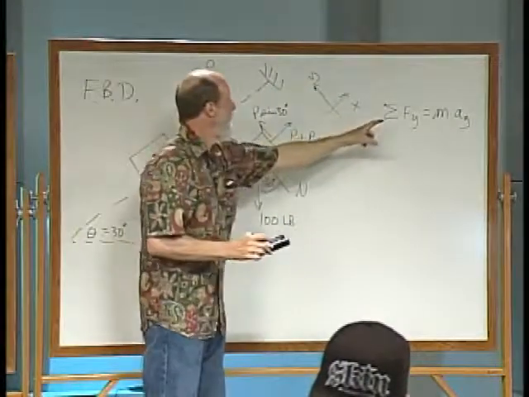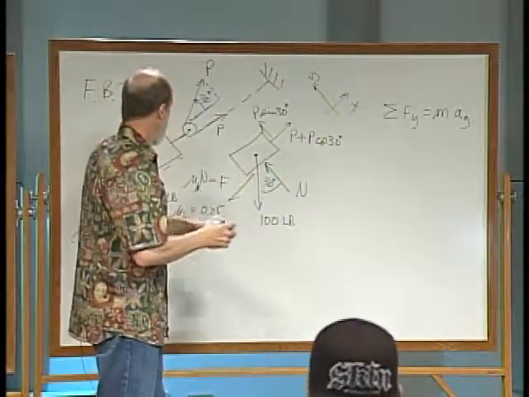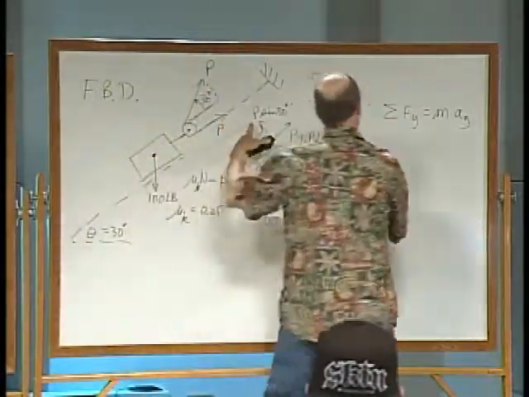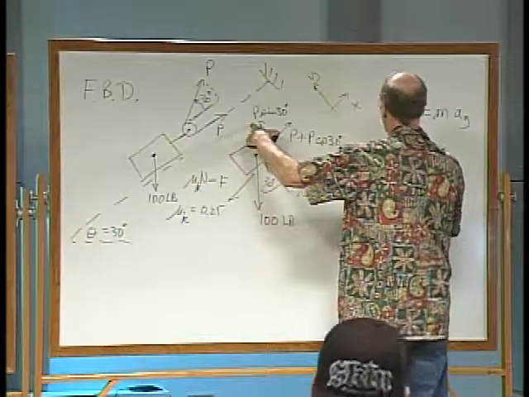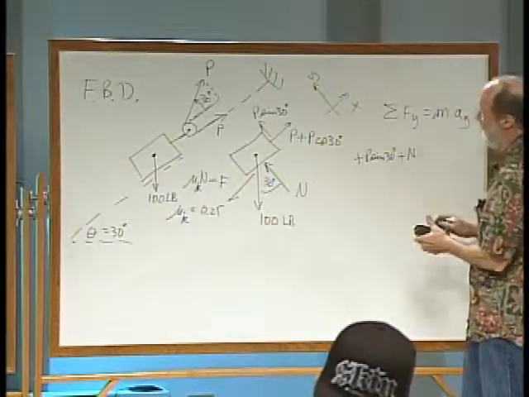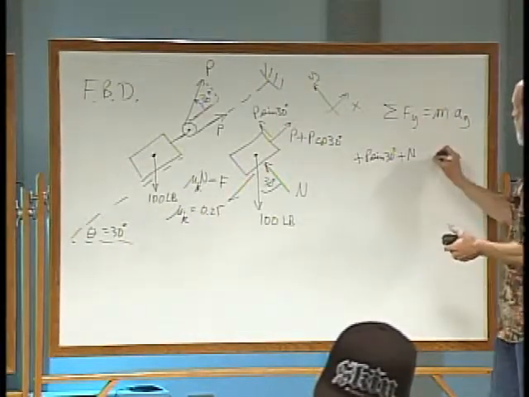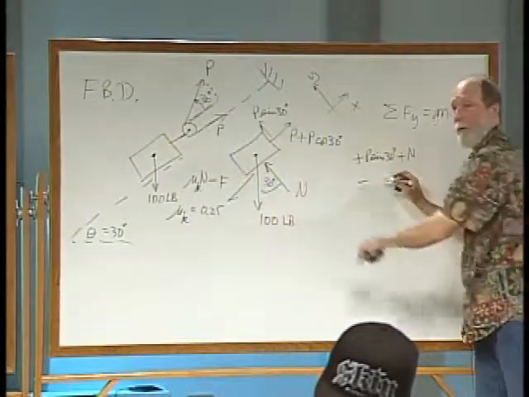So writing sum of forces in the y direction equals mass times y acceleration. And so then we look at this, and I see a positive P sine theta, or sine 30 degrees. I have a positive N. And then in the negative direction, I have a minus 100 cosine 30.